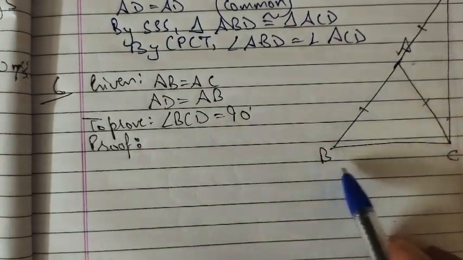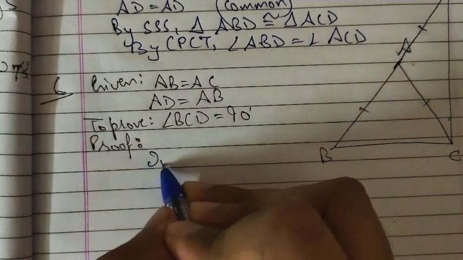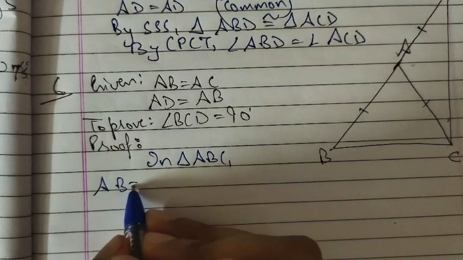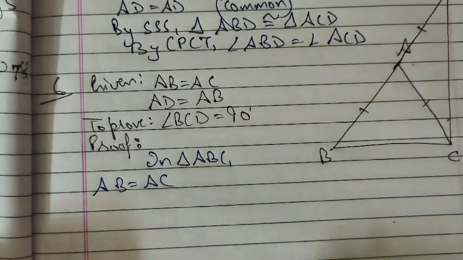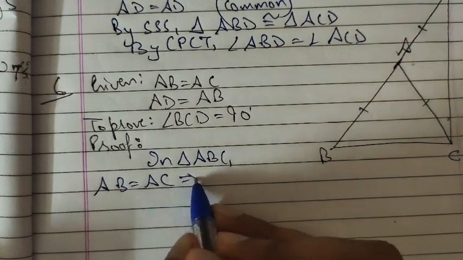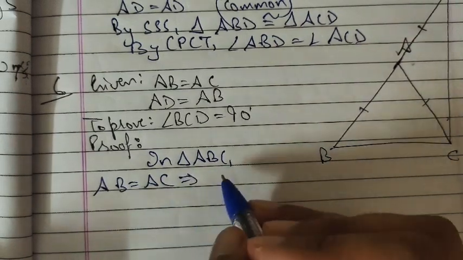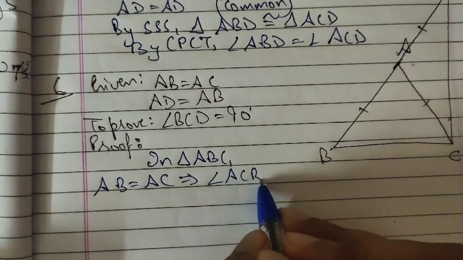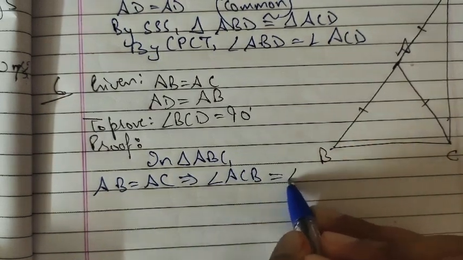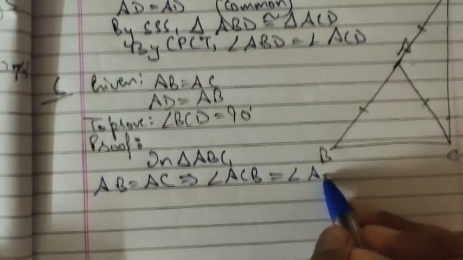So we know that in triangle ABC, AB is equal to AC. So angles opposite to them will also be equal. So angle opposite to AB will be angle ACB, and angle opposite to AC will be angle ABC.